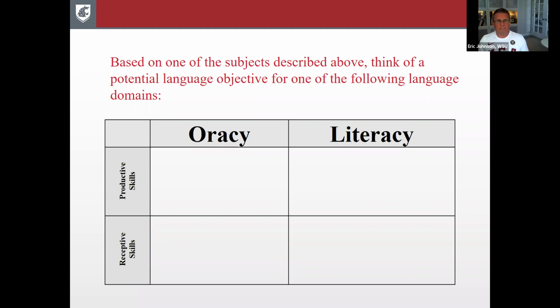And so it might seem complex, but once you get used to thinking through your content objective and the activities that you're doing with that content objective, and then what language skills are necessary to complete that, then you can hone in on a specific domain and emphasize that domain with them and get them to recognize that they are doing something specific with language to accomplish the goal.